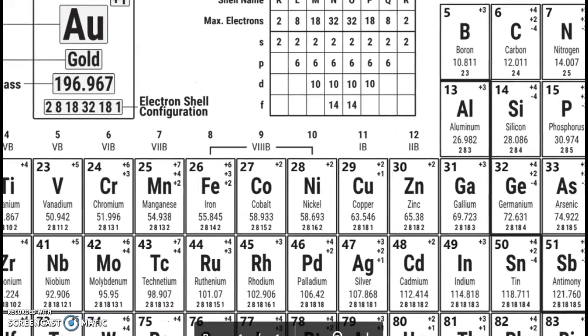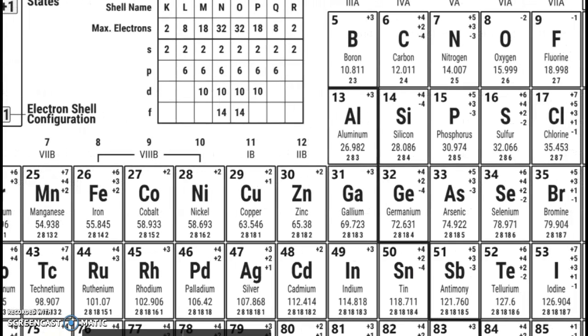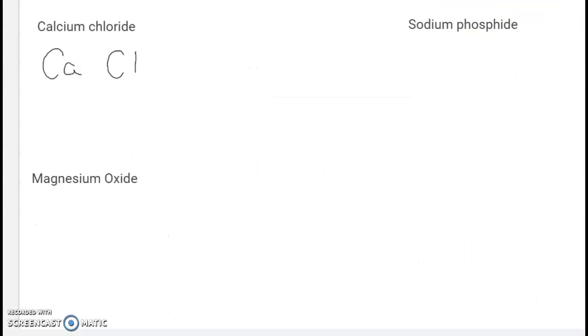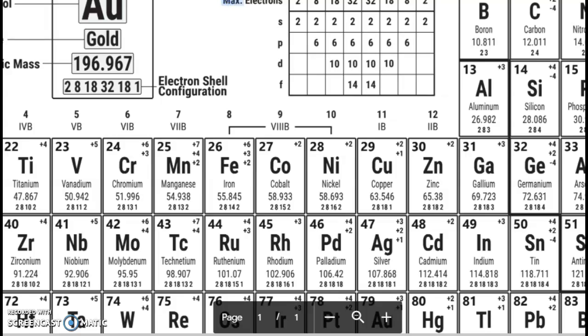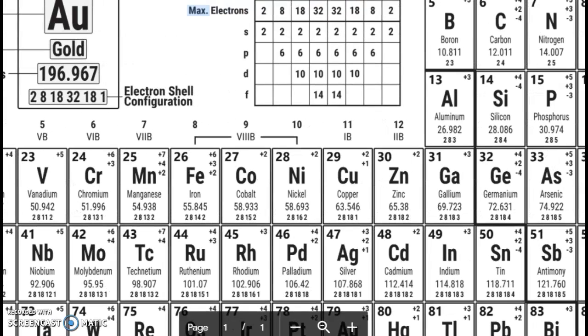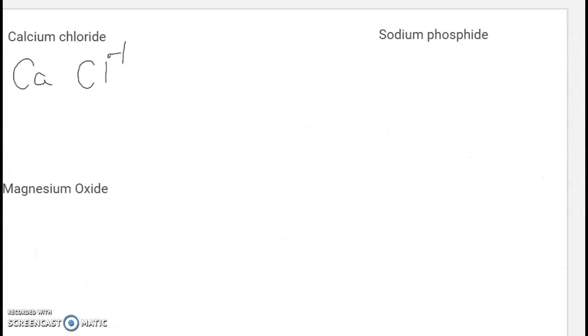It has an ionic charge of -1 right here. You can see the charges right here. So that's -1, and I'm going to go back to my Jamboard and put in a -1. Calcium, if we look at our periodic table, has a charge of +2. It's in group 2. So I'm going to go back here and put a +2. Through my crossover method, I'm left with calcium chloride.